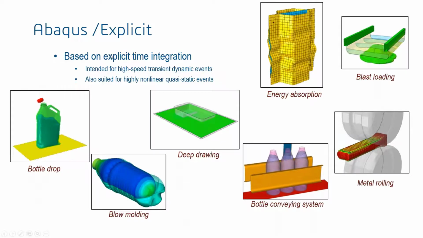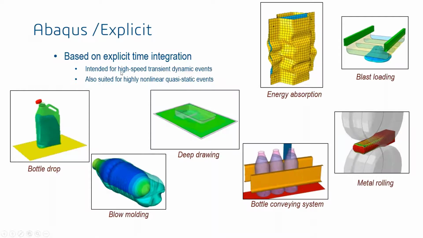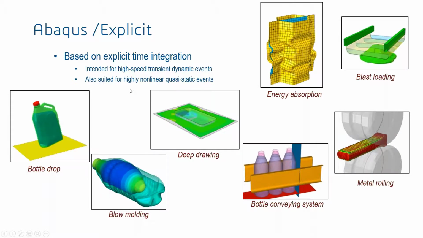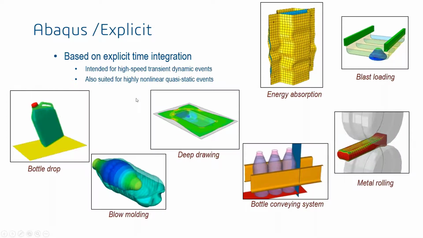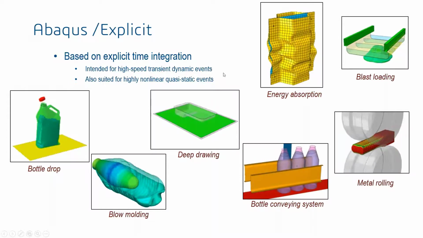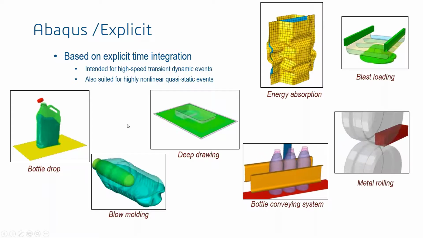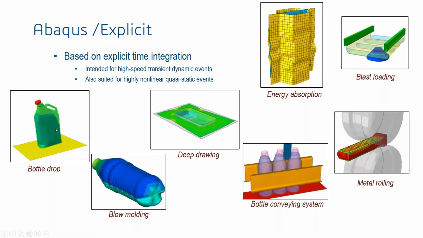Abaqus Explicit is a very efficient complement to Abaqus Standard. It's primarily intended for high-speed, very transient dynamic events, but can also be a very powerful tool for very nonlinear quasi-static events. Some examples are seen on this slide. Bottle drops.